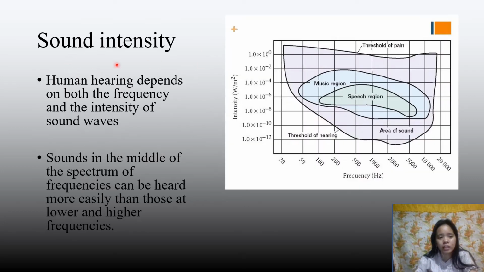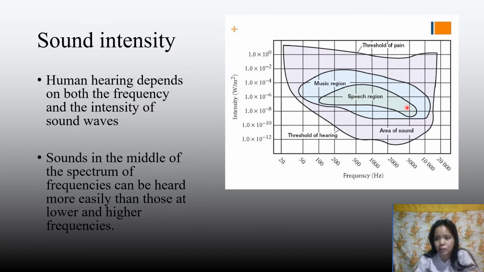So sound intensity. Human hearing depends on both the frequency and the intensity of the sound wave. Sounds in the middle of the frequency spectrum can be heard more easily than those at lower and higher frequencies.